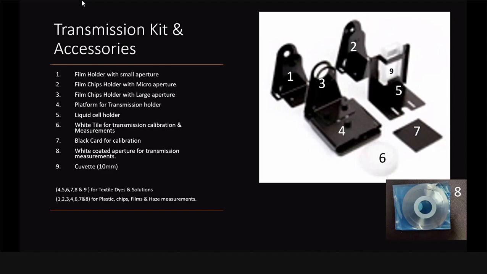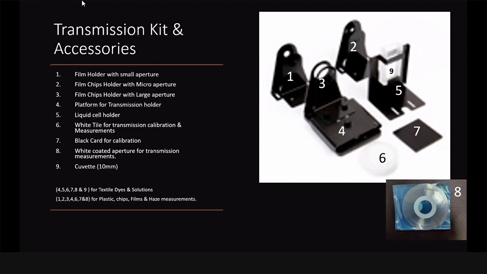It is around 25 mm. Then fourth is a platform to hold these holders, either a liquid holder or a film holder. So both holders can be set on this platform. And then fifth we have a liquid cell, and it is for liquid and solution measurement.